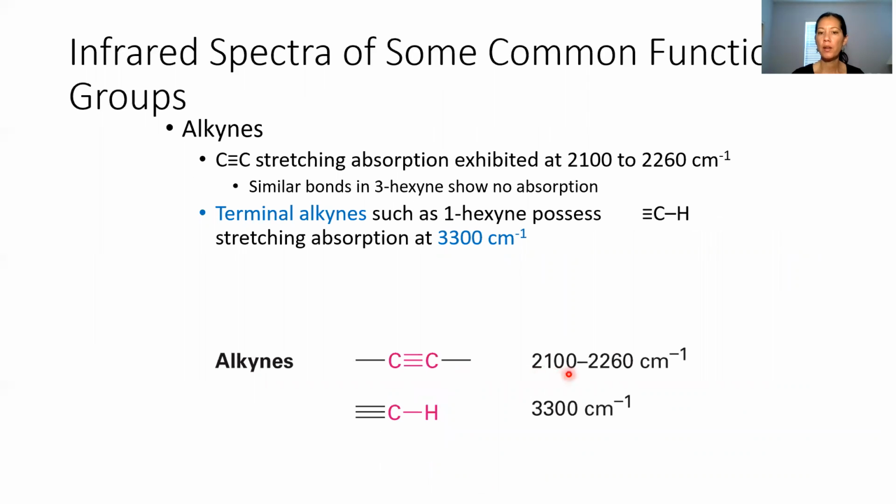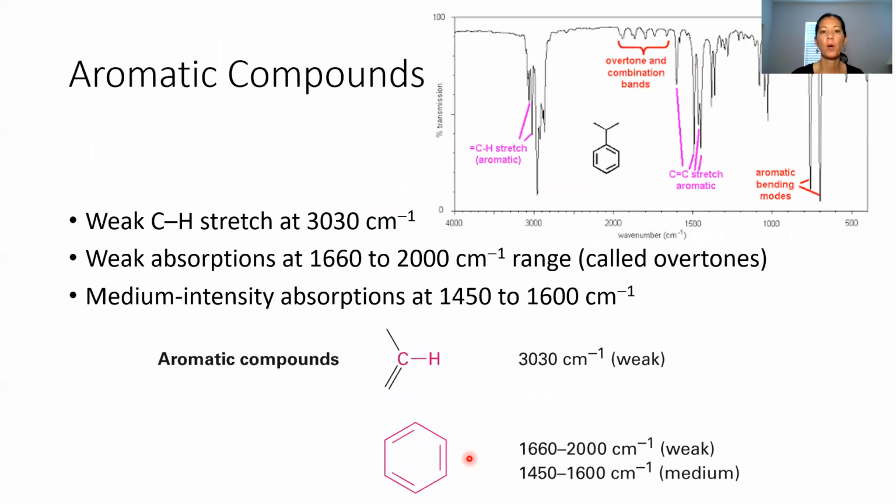Alkynes, the internal one, 2000 region. If you have a terminal alkyne, you'll see that 3300 peak show up as well. Aromatic compounds. You guys have looked at aromatic rings already. There's a range you've been asked to find and identify peaks in, 1600, starting at 1450.